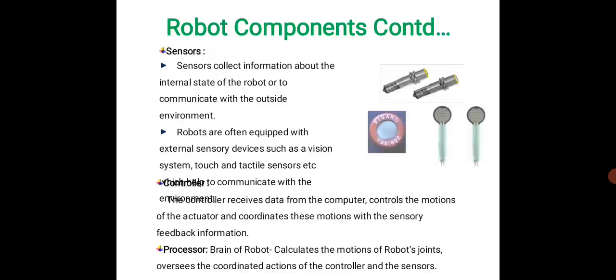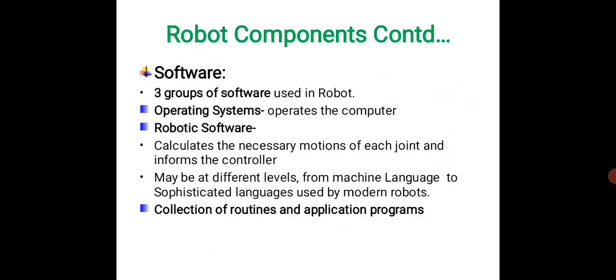Similarly, the controller is a computer which controls all the motion of the actuators and coordinates this motion with the sensory feedback information. And the processor forms the brain of a robot. It calculates the motion of the robot joints, and that will be utilized.